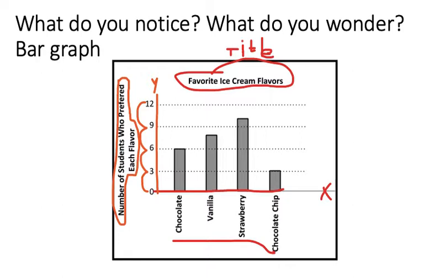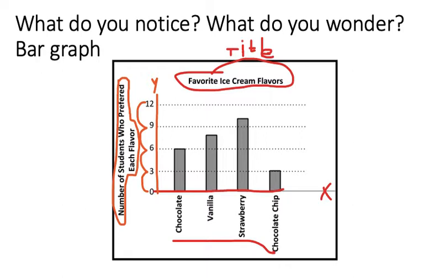How many students their favorite ice cream is vanilla? Ooh, I'm also a little bit curious, and I wonder how many students like strawberry. I'm not really sure. It doesn't land on an exact number. That's something I'm curious about.